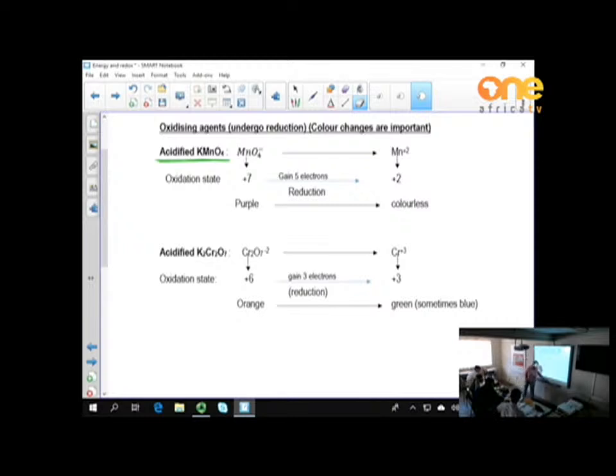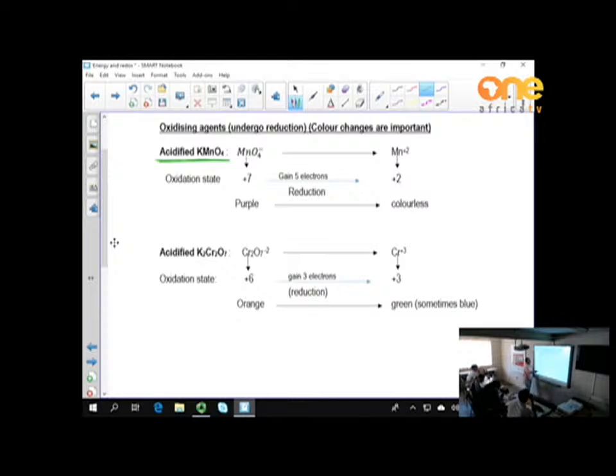Now, let's have a look at the reduction reaction of the permanganate ion. Here I've only got the permanganate ion. I've taken away the potassium there. But because I've taken away the potassium, it now has a -1 charge. You follow? So, what is the oxidation state of the manganese in the permanganate?